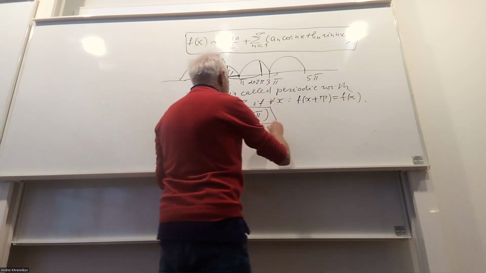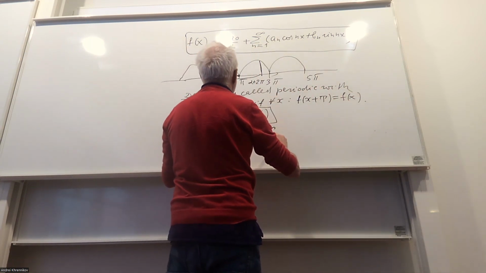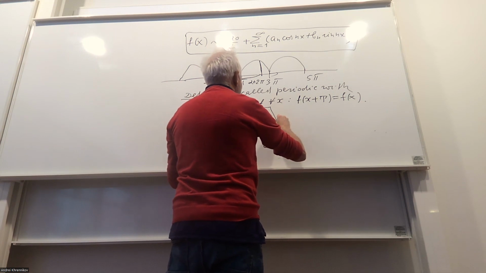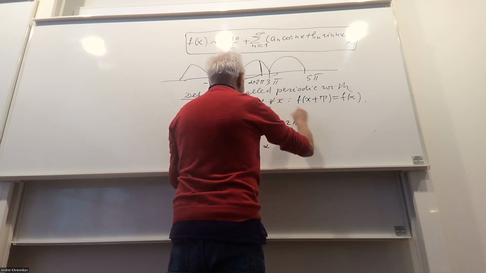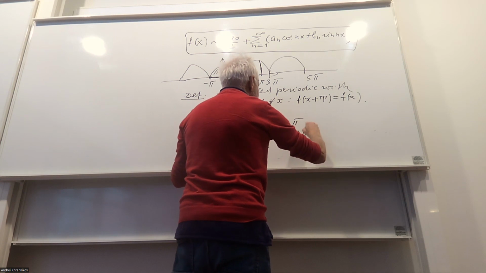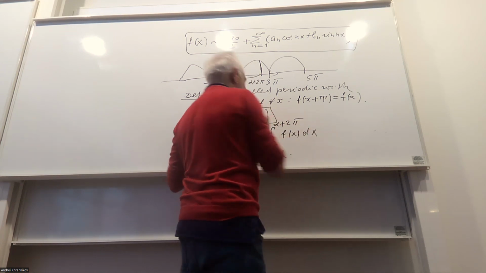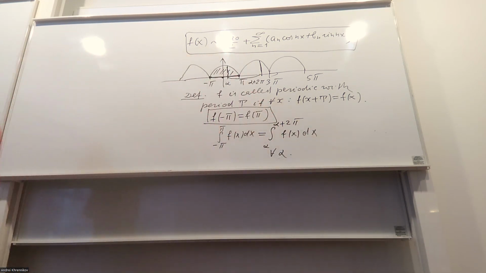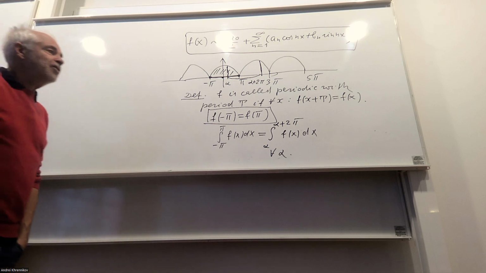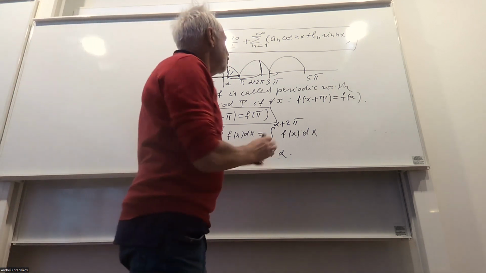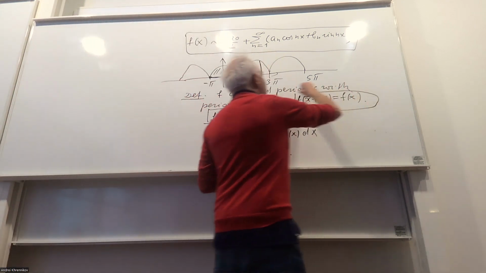So it is equal to the integral from alpha to alpha plus 2 pi of f(x) dx for any alpha. So if a function is periodic, and you move to some point and take this function over the whole period, the integral would not change because of this property.